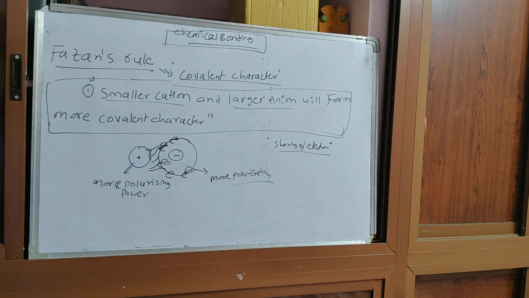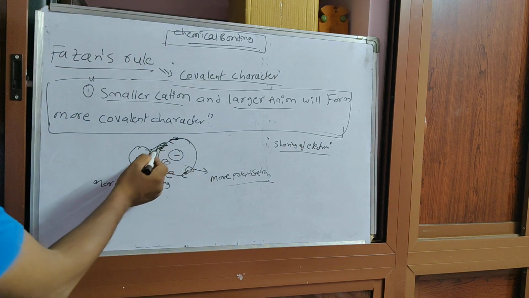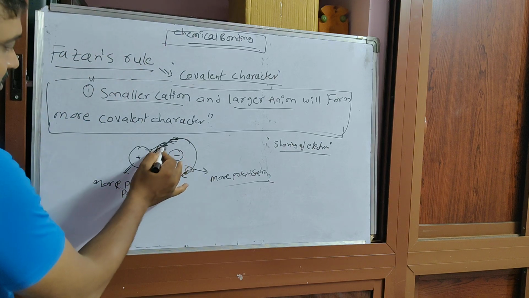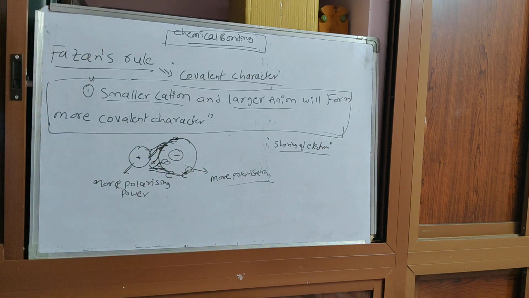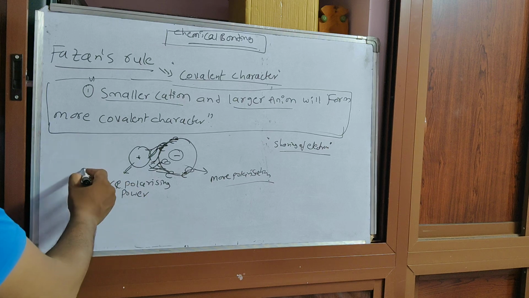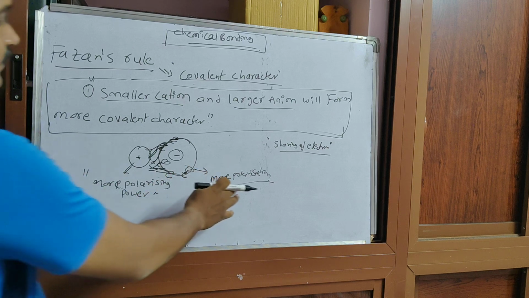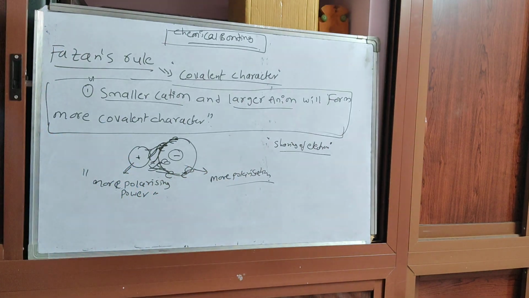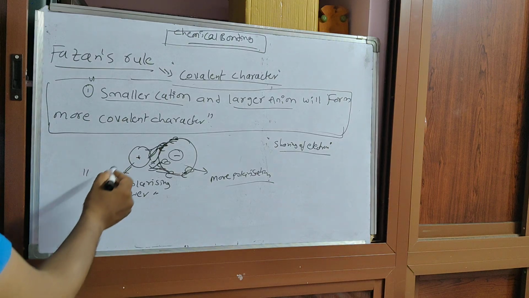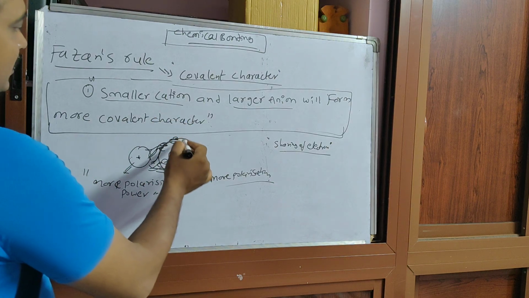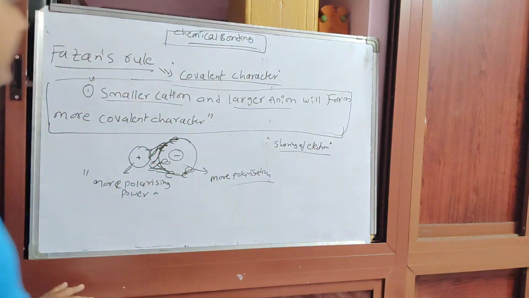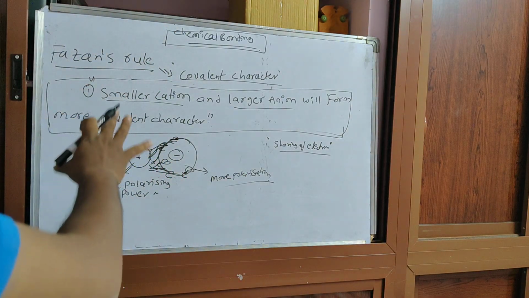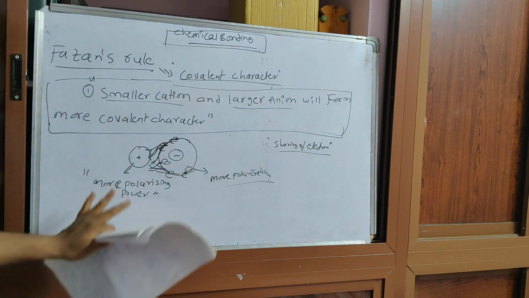It is more polarized towards the smaller cation side. That's why a smaller cation and a larger anion will form more covalent character. This is one of the fundamental principles of Fajans' rule and must be remembered.